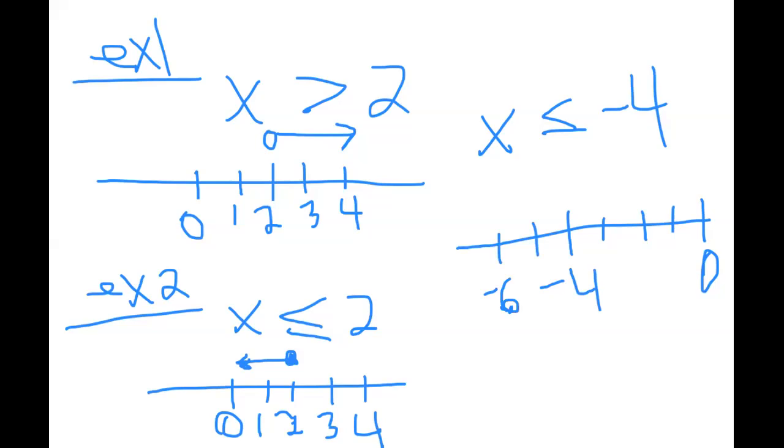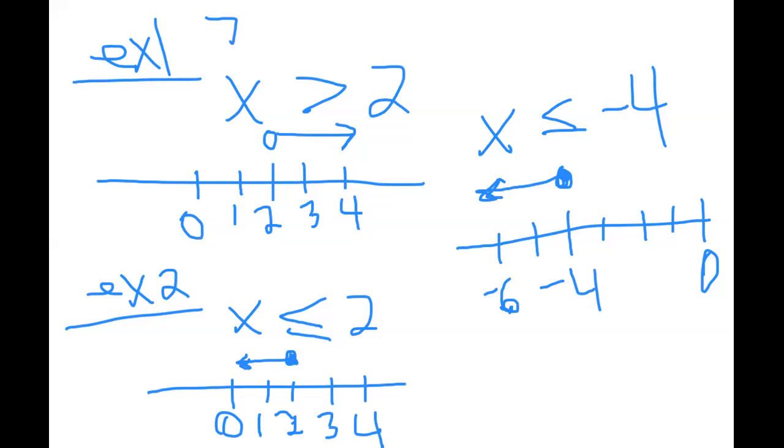Now I have to figure out if my symbol is included, and whether it's an open circle. It has to be closed because it's including -4, and x is less than or equal to -4. So less than -4 is going to be more negative, so my arrow is going to go in that direction. Okay, and I think that's it that I want to cover.